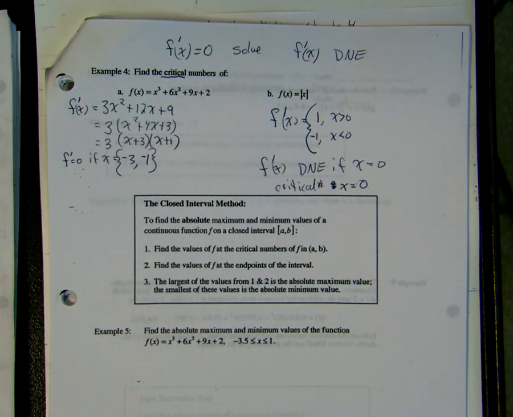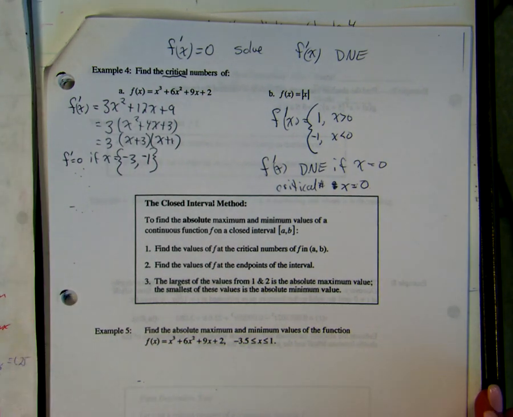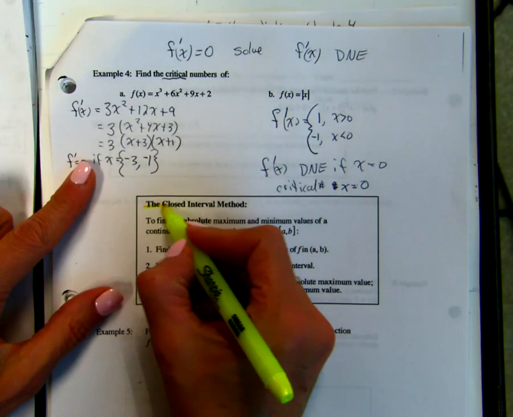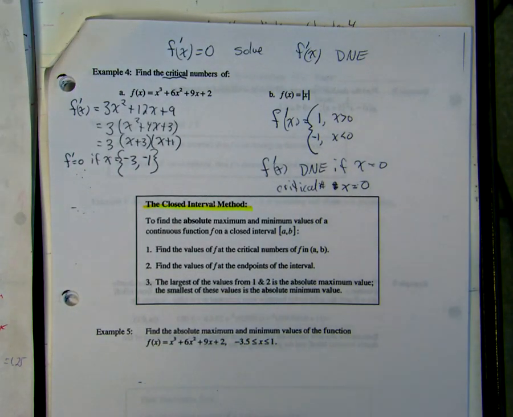Okay, so once you can find your critical numbers, then we're going to test them and see if they're giving us a max or a min. So here's our closed interval method, and as the name clearly states, it only works on a closed interval.